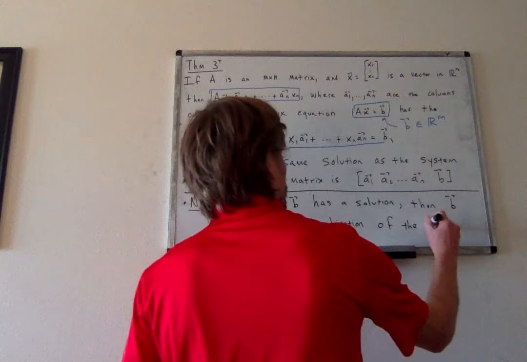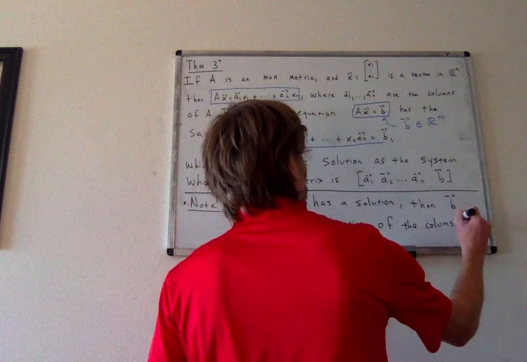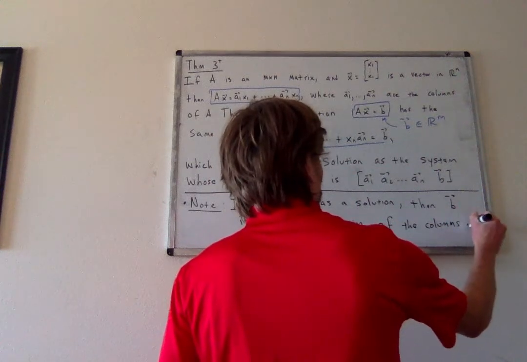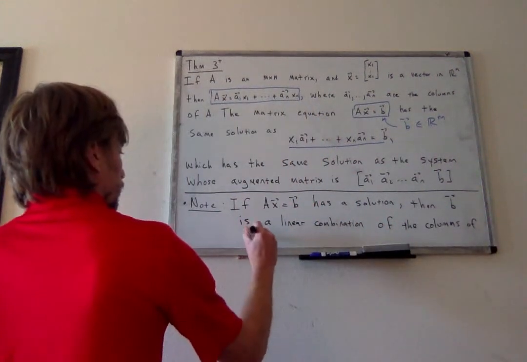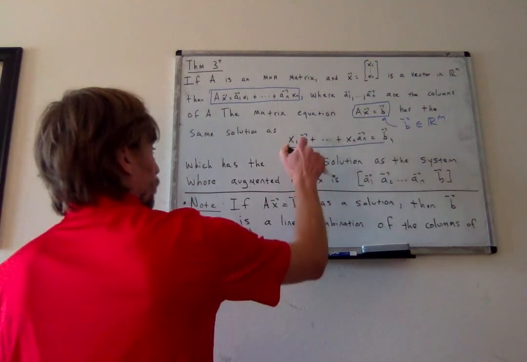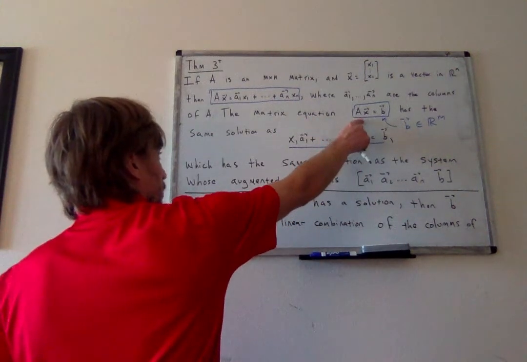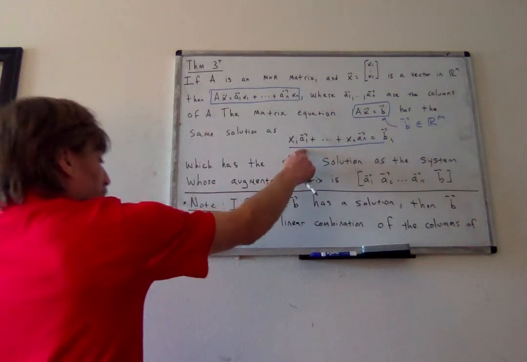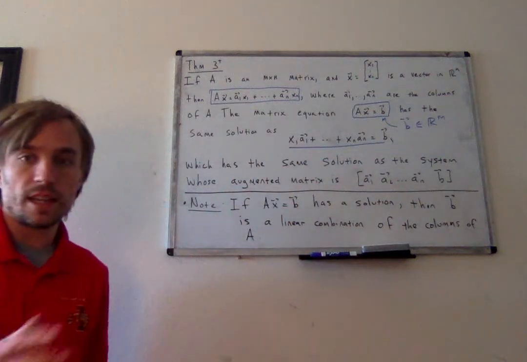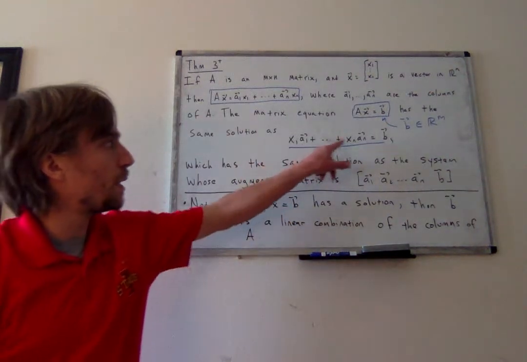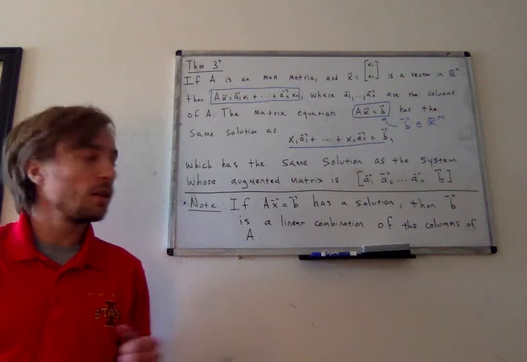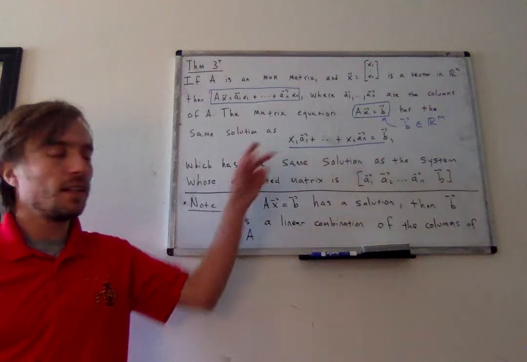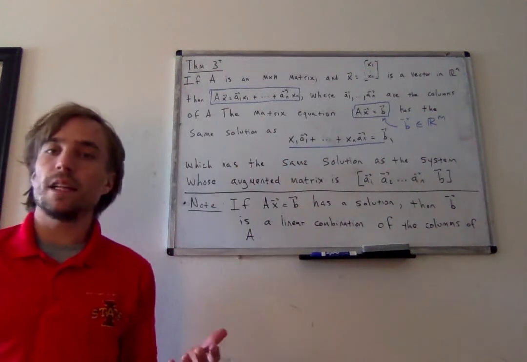And so this statement isn't saying really anything new, because the columns of A are given by these vectors, and as we've already seen, if this has a solution, it has the same solution as this equation, and by definition, this equation says that b is a linear combination of these n vectors a1 through an. So this is just a fancy new way of saying exactly what this equation was already telling us.